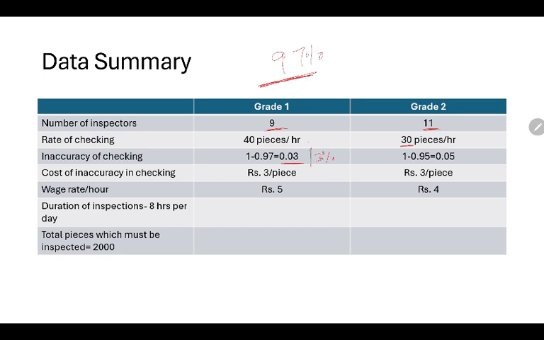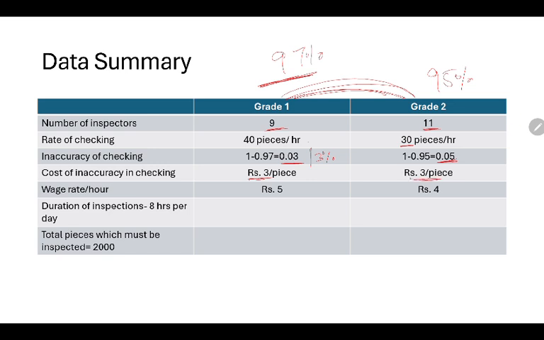And similarly, the inaccuracy of checking for grade 2 will be 0.05 because the accuracy of grade 2 is 95%, right? So if his accuracy is 95%, that means 5% is the chance of making an error. Now the cost of inaccuracy in checking, if either of them makes any mistake, is going to cost rupees 3 to the company per piece.